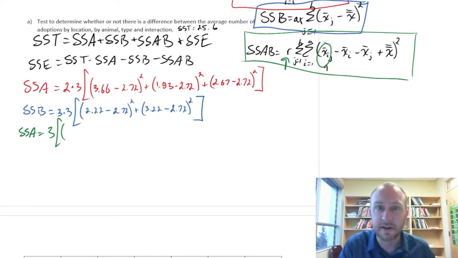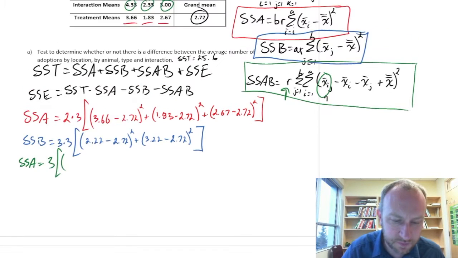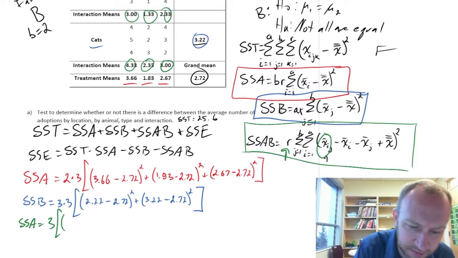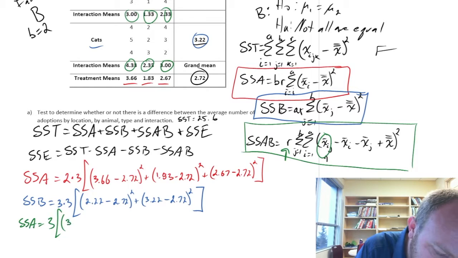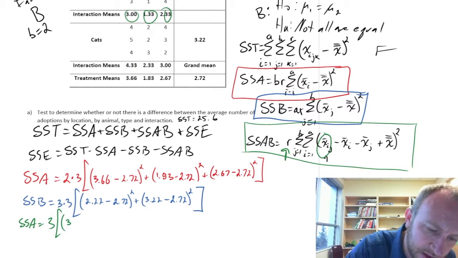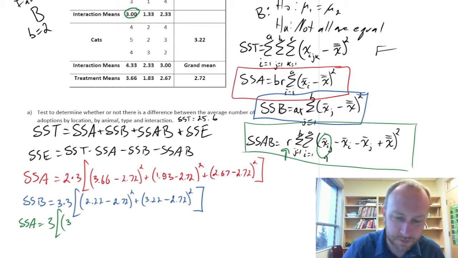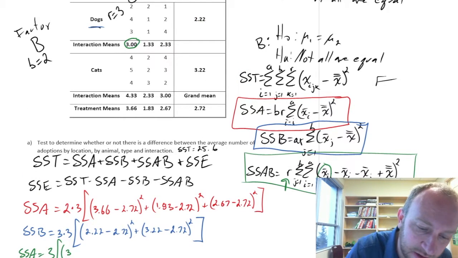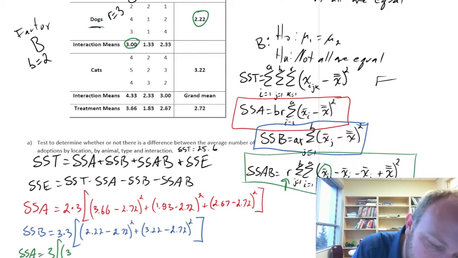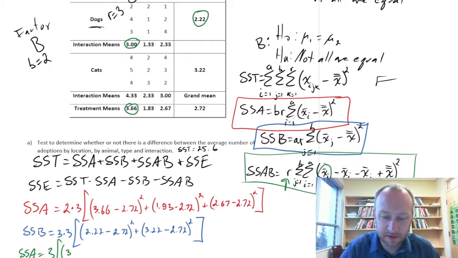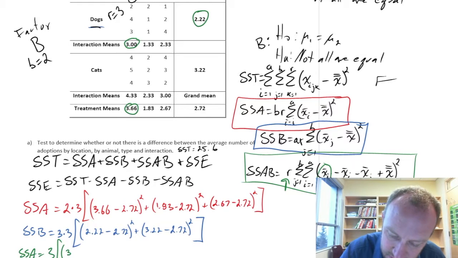Now, let me see if I can fit all this in. Hopefully I don't have to scroll up and down too much. So hang on, I'll trace my steps here. So this is going to be this one here. Subtract out its 2 relevant treatment means. So that's what these 2 treatment means are here.